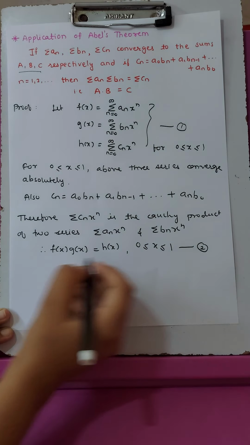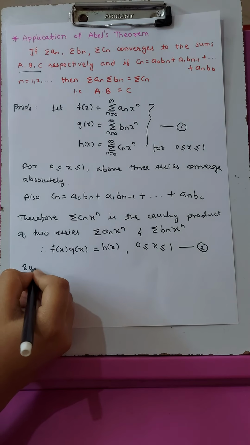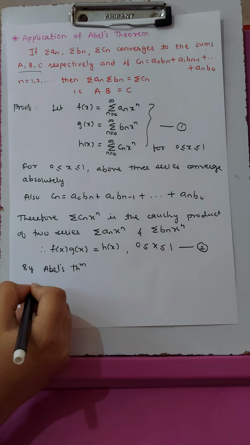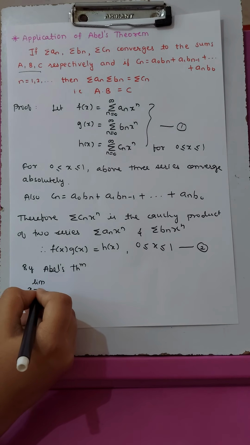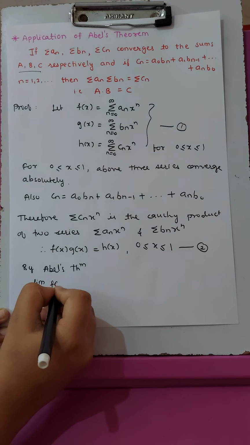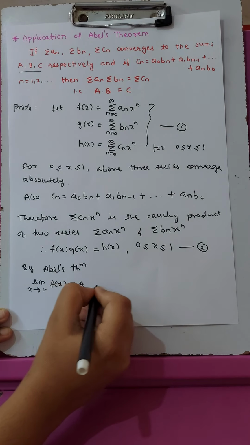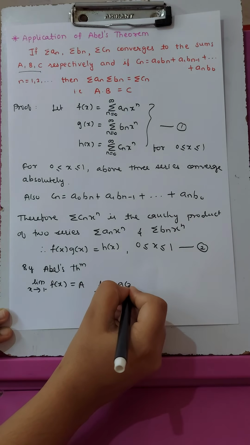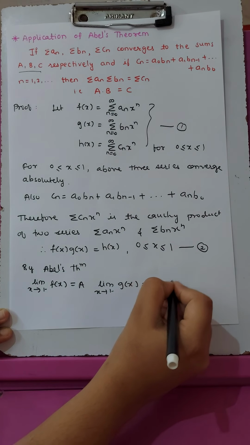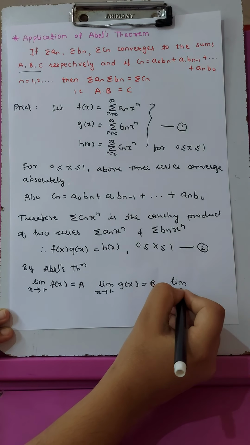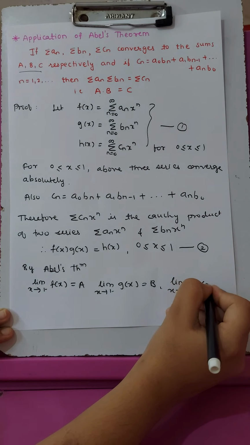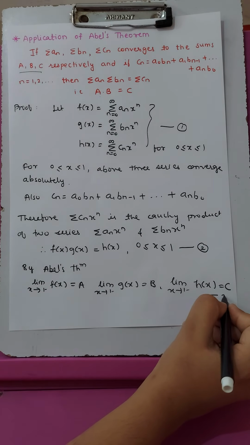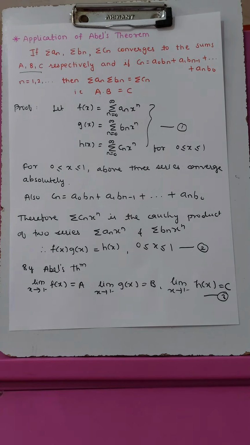Let it be number 2. Now by Abel's theorem, limit x tends to 1 minus f of x is equal to a, limit x tends to 1 minus g of x equals b, and limit x tends to 1 minus h of x is equal to c. Let it be number 3.